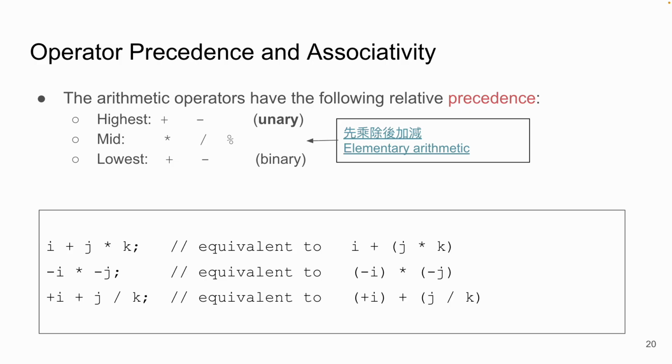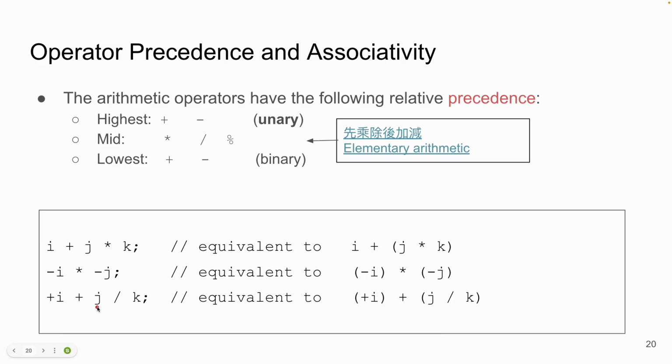Okay, I believe most of you can understand this, right? So I'll just quickly explain this because I believe over 80% of you already know this part. So in this case, because we have two unary operators here, that is why we need to apply the unary minus to I and J first. So we put the parenthesis here, and then we do the multiplication to these two parts.